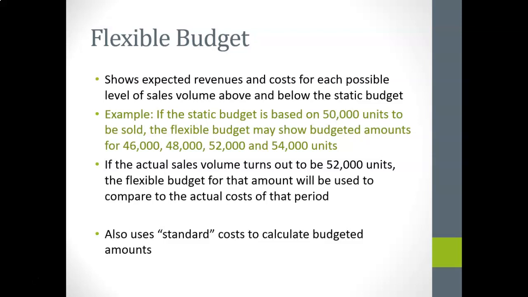Then, when that actual month or quarter or year is done with, we see exactly how many units we have sold. So, if it turns out that we actually sold 52,000 units, then we want to compare the budget for 52,000 units to the actual costs that we had for 52,000 units.